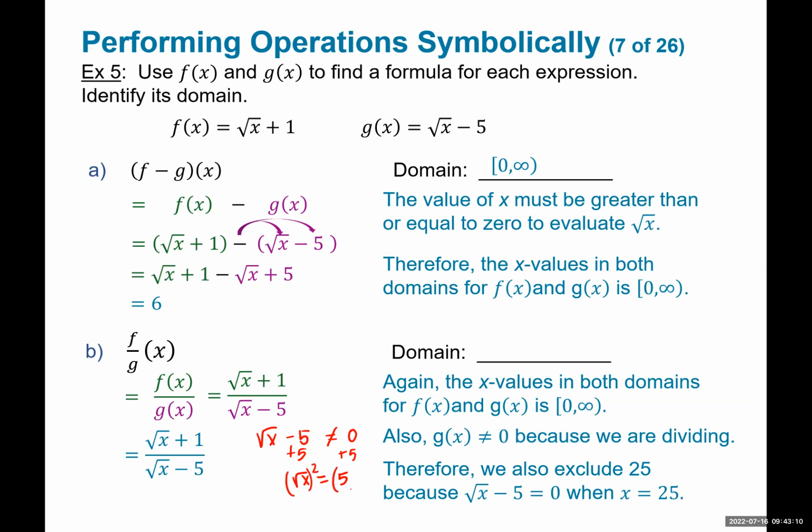You square both sides when you want to get rid of a square root, and you get x equals 25. So x cannot equal 25. So our domain is all the numbers 0 to positive infinity except 25. So we're going to have to write that in a way that excludes 25: 0 to 25 and 25 to infinity.